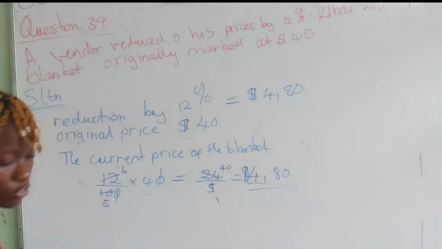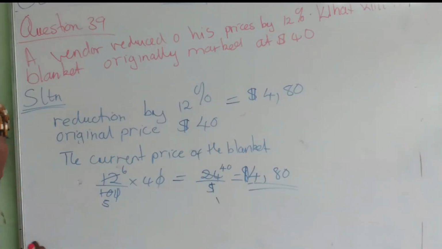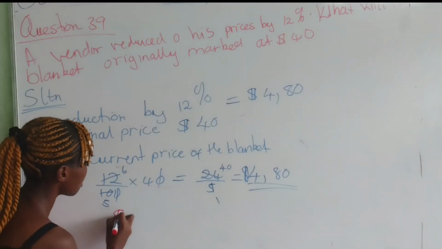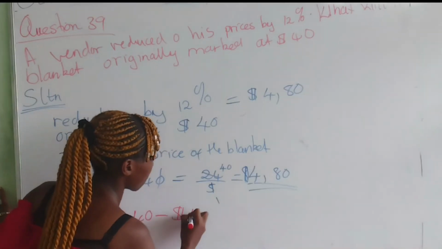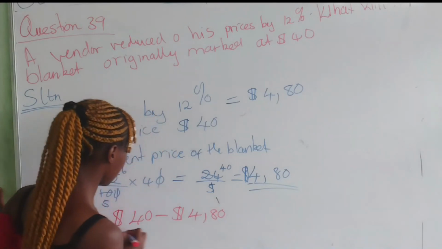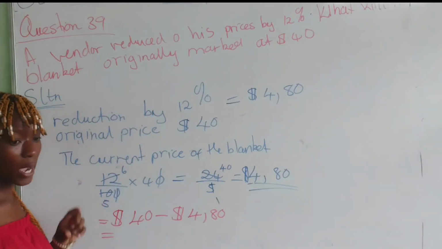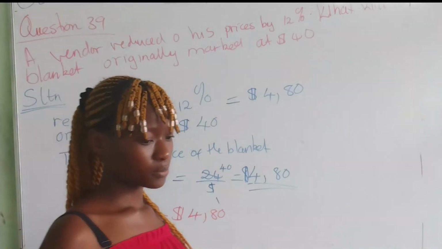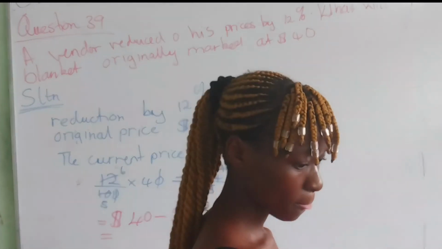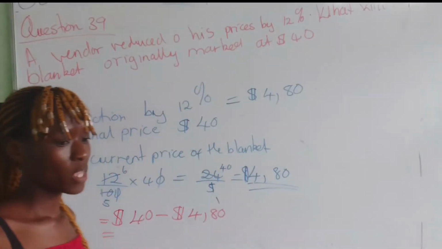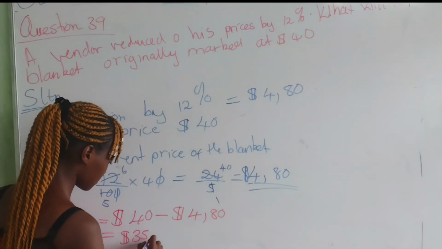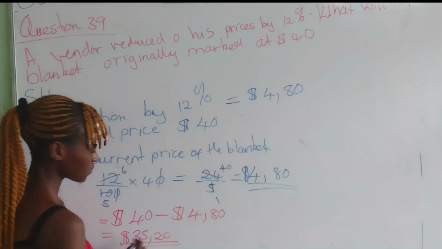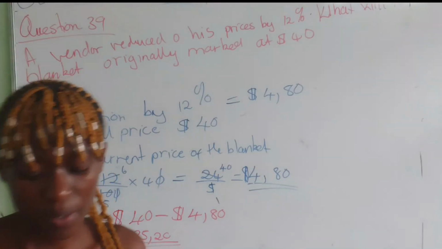Okay, so now for us to determine the price of the blanket, we're going to say $40 minus $4.80, and we get $35.20. So that would be the price.